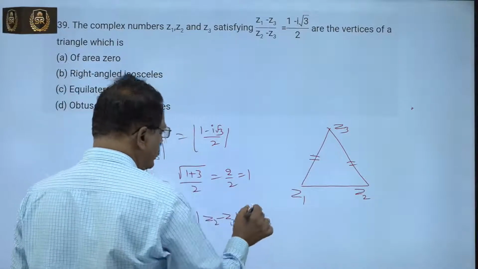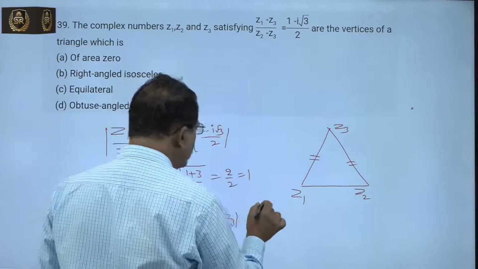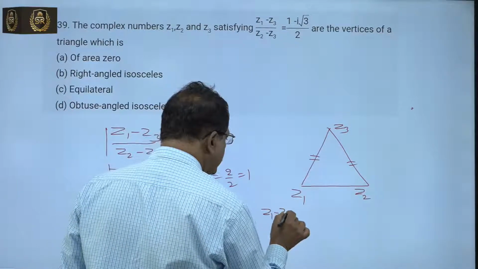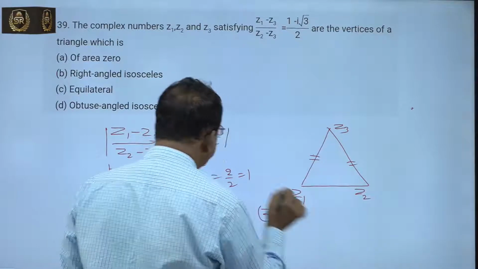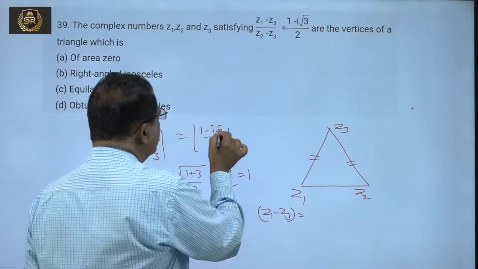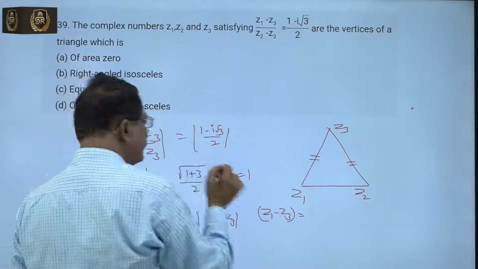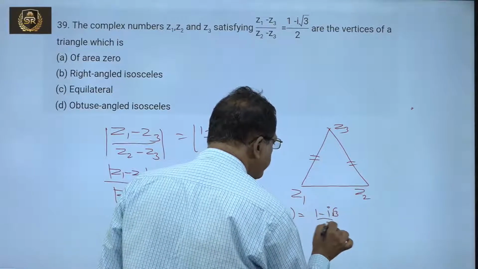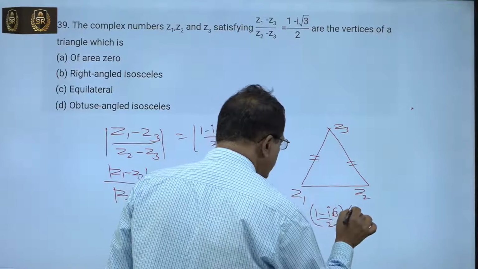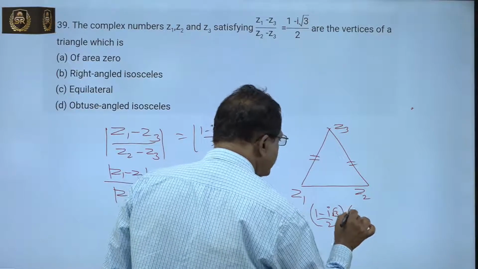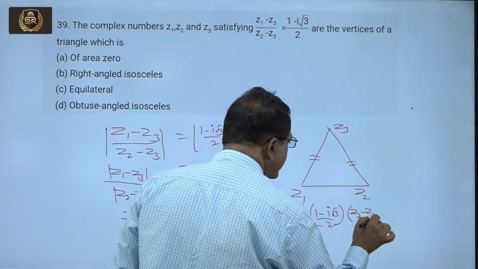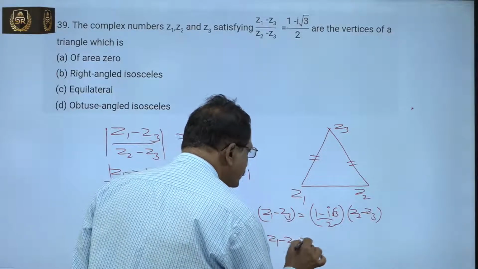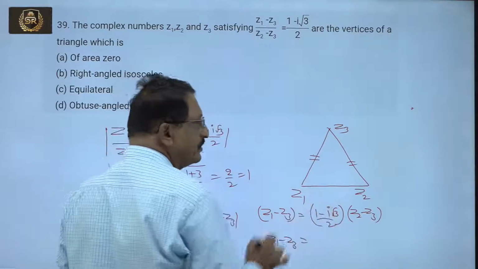Now see, here the given complex number: Z1 minus Z3 equals (1 minus i root 3) by 2 times (Z2 minus Z3). Now Z1 minus Z3 equals 1 by 2 minus i root 3 by 2.